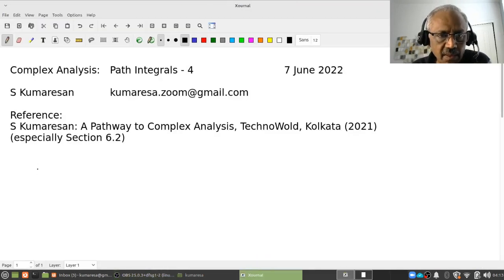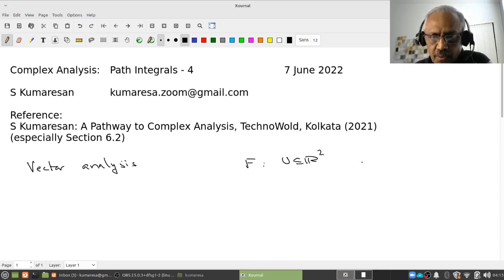So recall vector analysis, or analysis of two variables, right? Suppose F is a force field on an open set U in R2 to R2, so that F of xy is u of xy, v of xy.